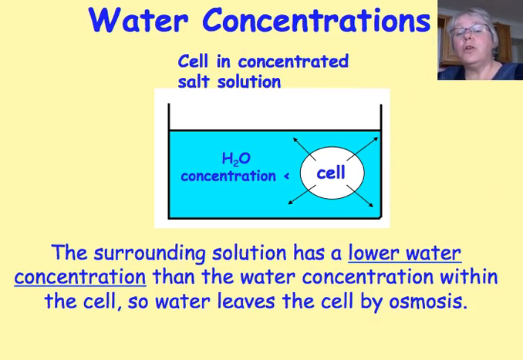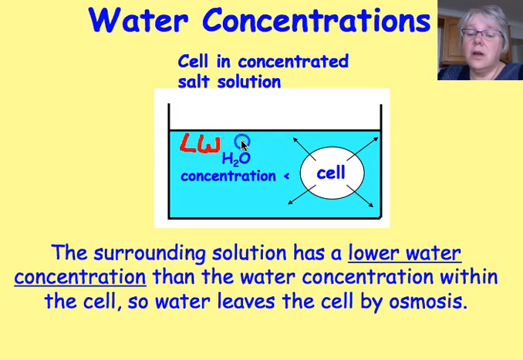It's in a concentrated salt solution. So this time round, outside here, we have got a strong salt solution. So therefore that means that we've got a low water concentration out here. There's a lot of salt in the solution, so the water concentration is lower. So inside the cell has got a higher concentration. So what happens is that water will move out of the cell into the surrounding solution.